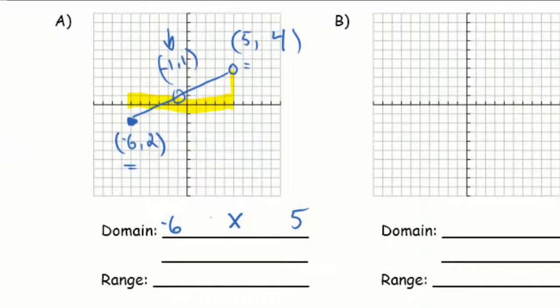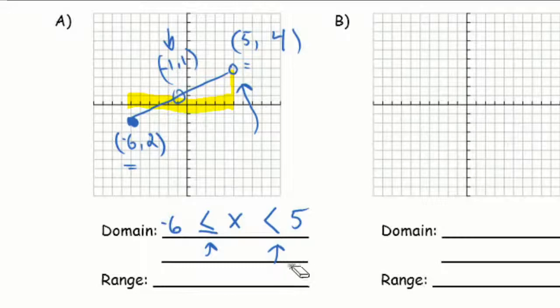So all of my x values are going to be greater than or equal to -6, and less than 5. Because I have a closed dot at the bottom, I have the greater than or equal sign here. I have an open dot over here, so it's going to get really close to 5, but it's never actually going to get to 5. So I've left a less than symbol without the equal to below it.